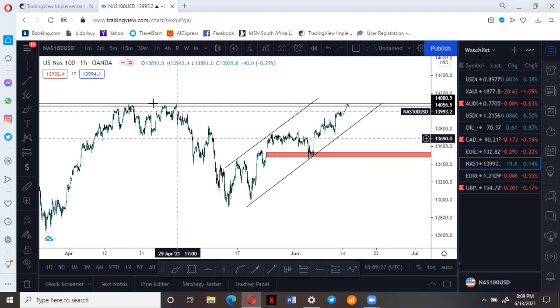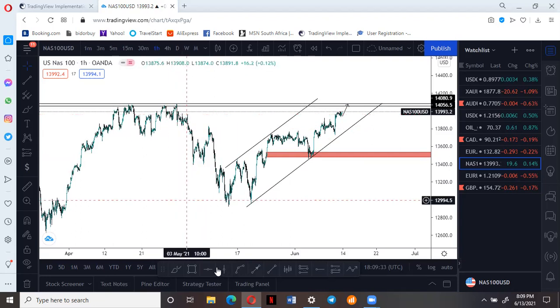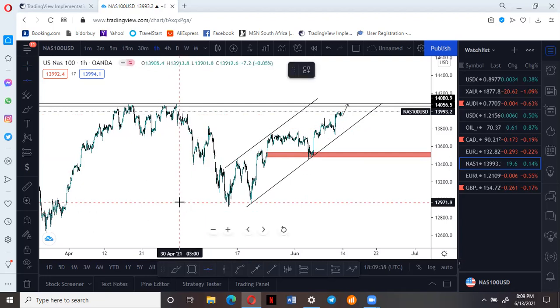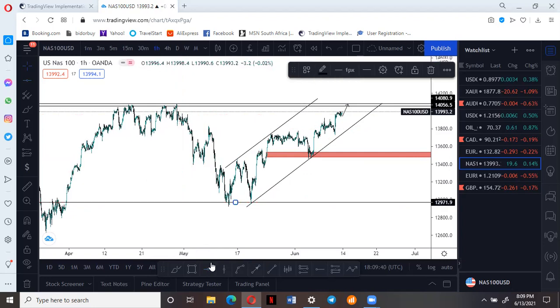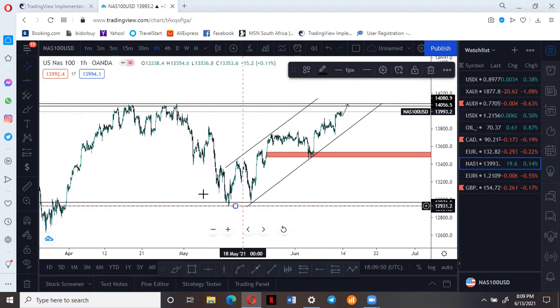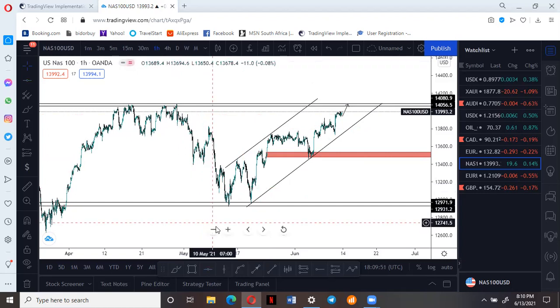We had our previous support this side, resistance, sorry, and we can see that we had a major support zone down there at 12,971. 12,971 was our major support zone, which is the demand zone if you are using order blocks.